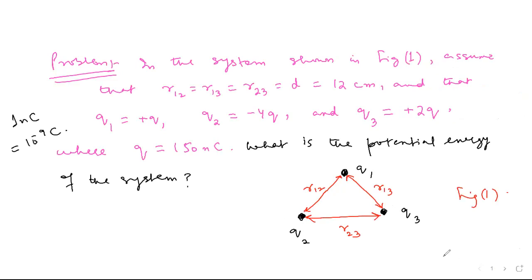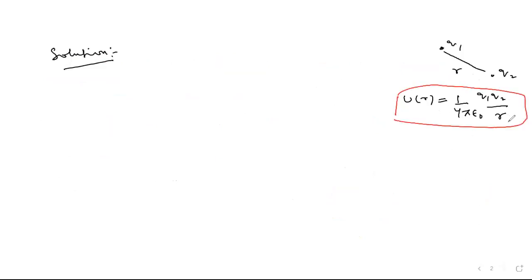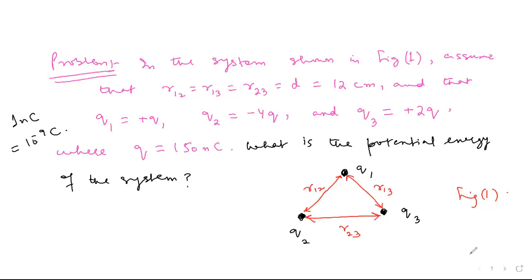I repeat, we have to use this expression for each pair of charges and add the resulting potential energies of each three pairs to get the potential energy of the system shown in figure 1. Right? So let us do that.